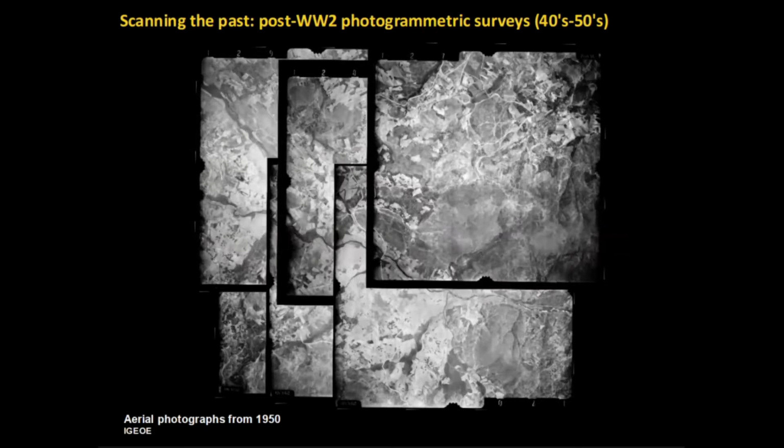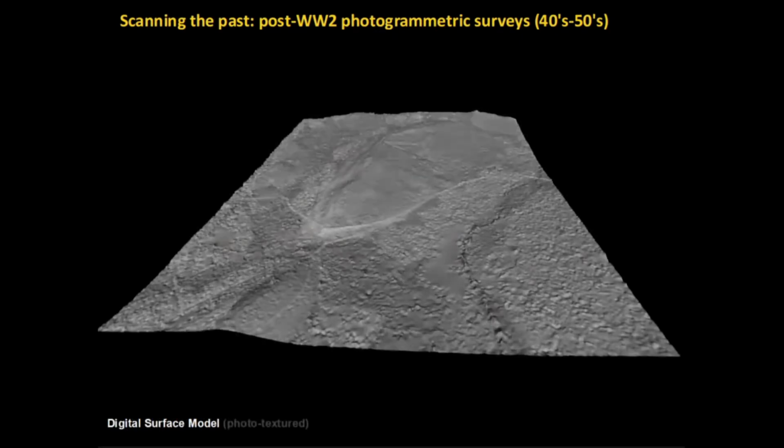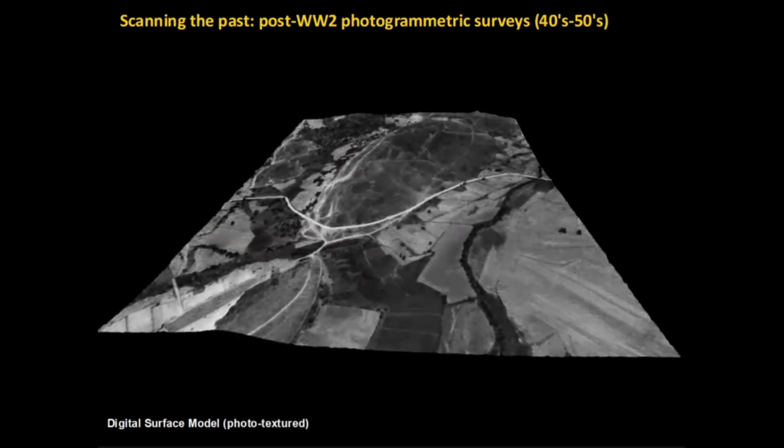So we have 3 campaigns for Portugal. For the rest of Europe, there are also several campaigns from the 40s and 50s of the past century that allow us to reconstruct the shape and the texture of what it was. We are really scanning the past because we have data from the past.